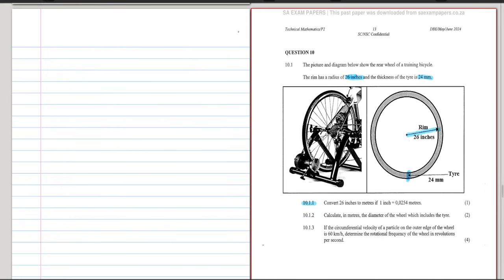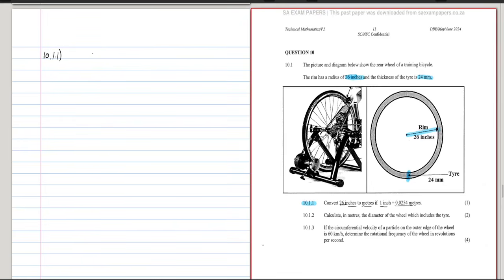For the first question, 10.1.1, they want us to convert the 26 inches to meters if 1 inch is equal to 0.0254 meters.